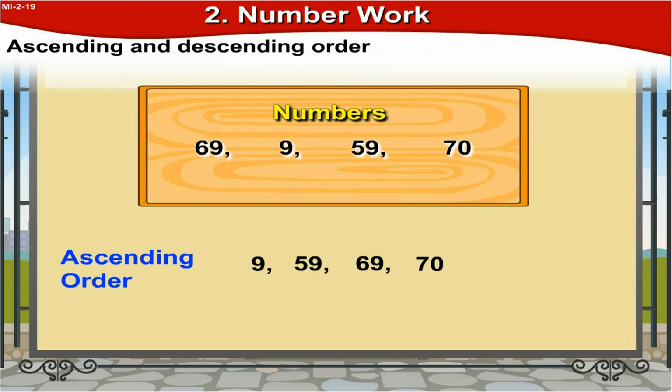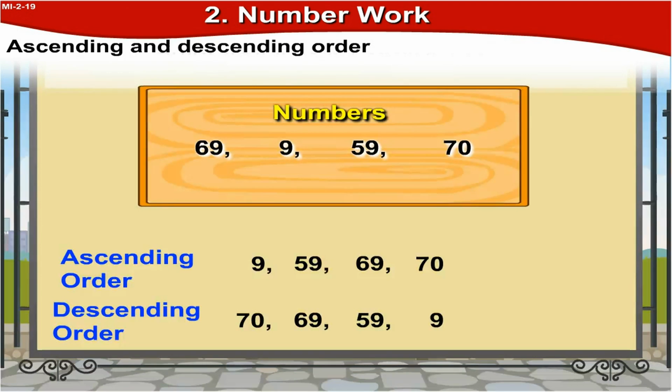So the ascending order is 9, 59, 69, 70. Now we'll write the descending order, starting with the biggest number first. So it is 70, then numbers smaller than 70, which is 69, then 59, then 9. So the descending order is 70, 69, 59, 9.